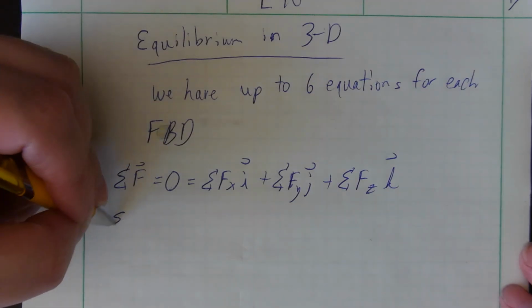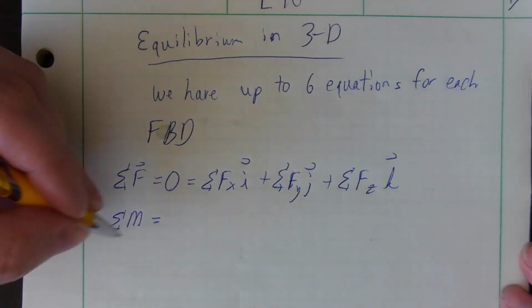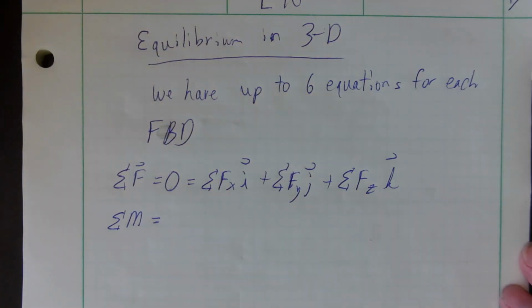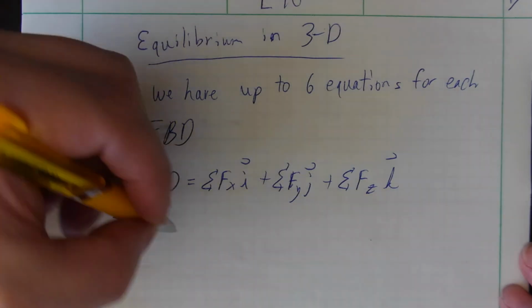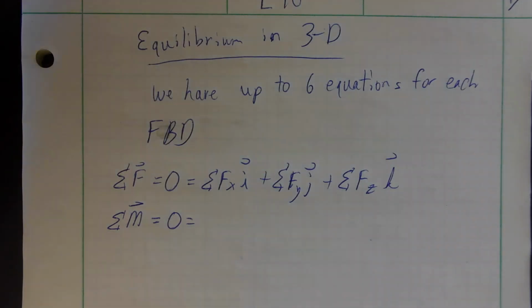What's new, because now we've covered in chapter 4, we've talked about the moments. I can take the moments about any point or any line or any location within that free body diagram. It doesn't have to be the origin, it doesn't have to be point O. I can take the sum of moment vectors at any point, and for it to be in equilibrium, meaning it's not rotating, or at least it's not changing rotational motion, that sum of moments needs to also be 0.